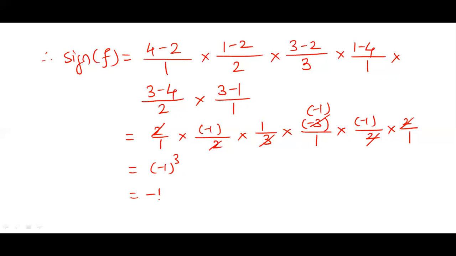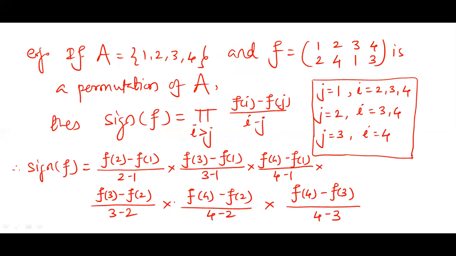So signature of F is -1. Means we got signature of permutation F of a set containing 4 elements 1 2 3 4 is -1.